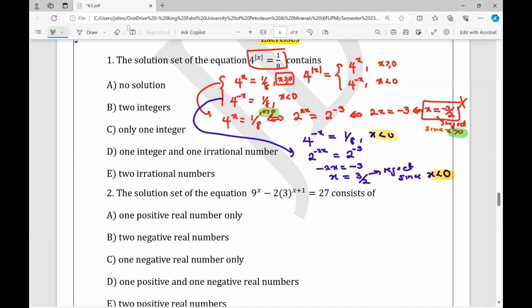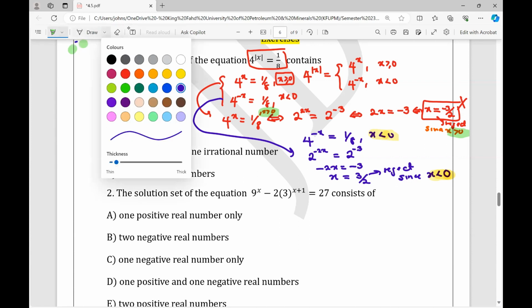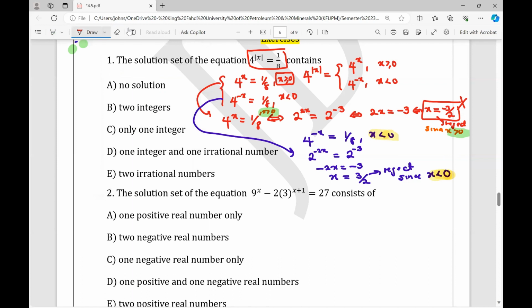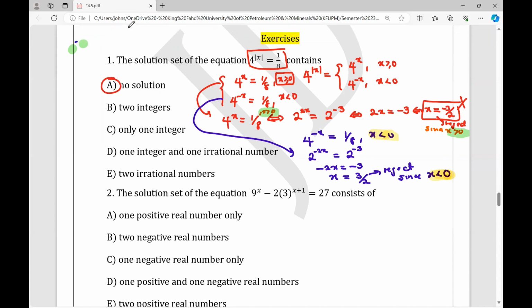So that is why we are rejecting. It means we have two solutions, but none of them will work because both have to be rejected, and that is from the definition of an absolute value. So we are bound with no solution.